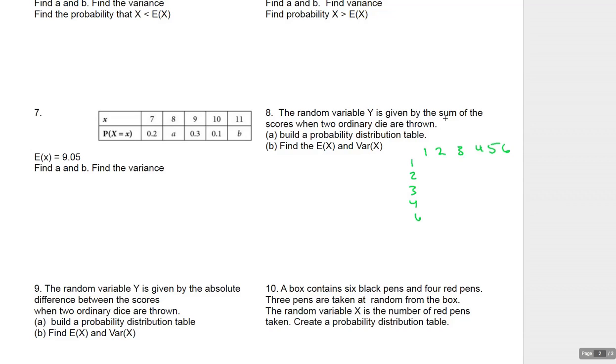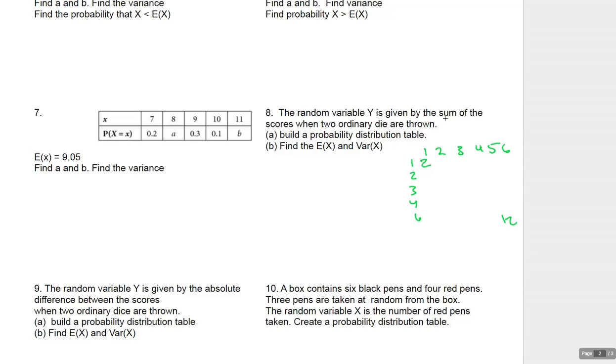All right, and then you took these numbers and you could build a table, right? What's the smallest possible number? You can get 2. What's the biggest possible number? 12. Exactly.